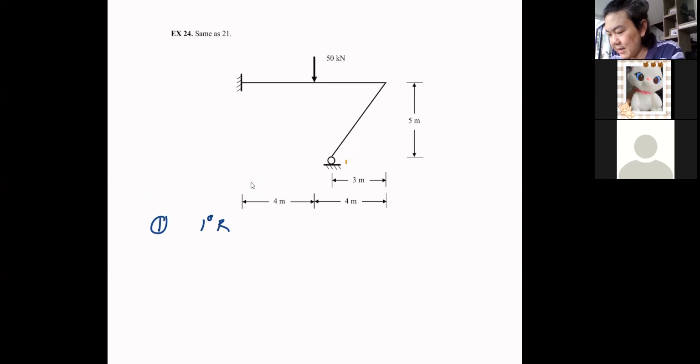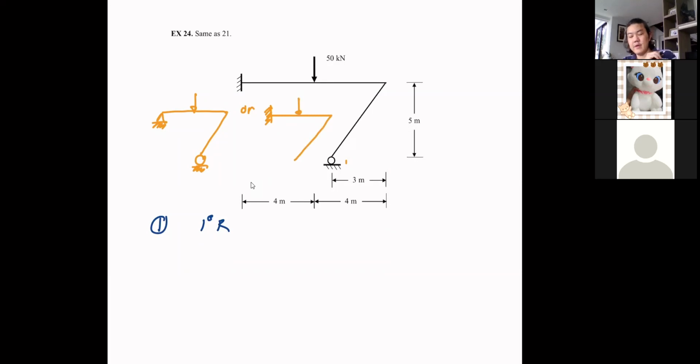If you face something like this, you can have a choice to create your primary structure that looks like this, right? Or you can just remove the roller altogether and have a structure like this.